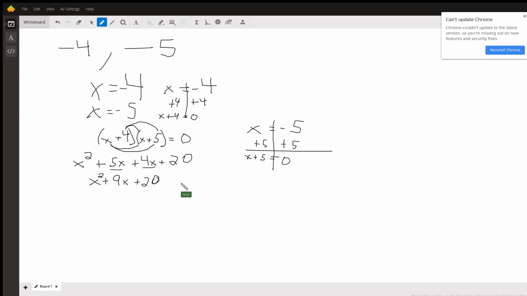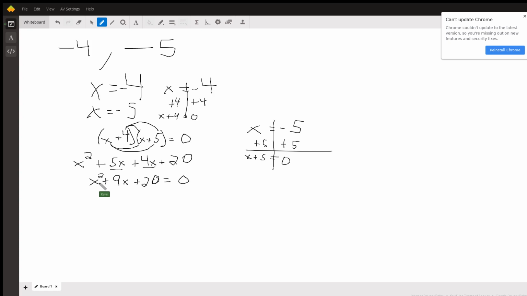And if we'd like, I'm not going to do it on the screen here, but if you plugged in -4, remember that this should equal 0, right? If you plugged in -4 here, you get 16 plus -36 plus 20 equals 0.